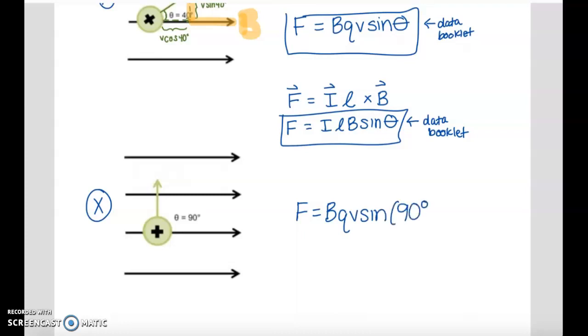But theta here is going to be 90 degrees. And the sine of 90 degrees is simply 1, meaning that all of the velocity component is already in the direction that's perpendicular to the magnetic field. You can simply multiply B, Q, and V to get your answer.